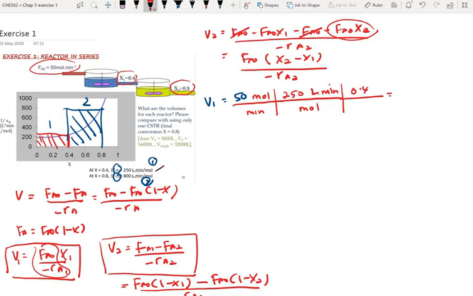Punch your calculator, and V1 will be equal to 5000 liter.